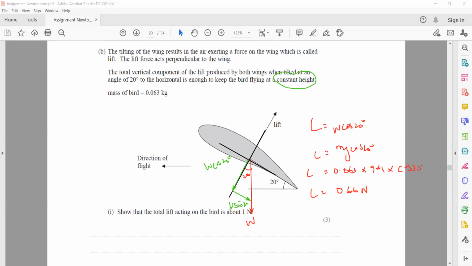Because it is at a constant height, it is not going upward, but this W sin theta is responsible. Basically, this is the direction in which it is accelerating. So W sin theta is responsible for its direction of motion. So what we can take, because we need the resultant force, is F equals ma.